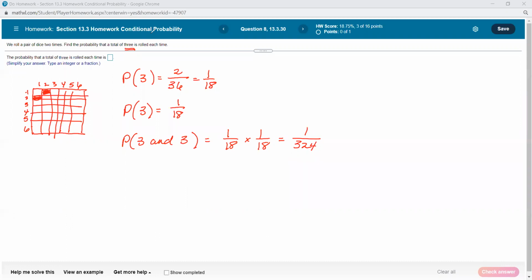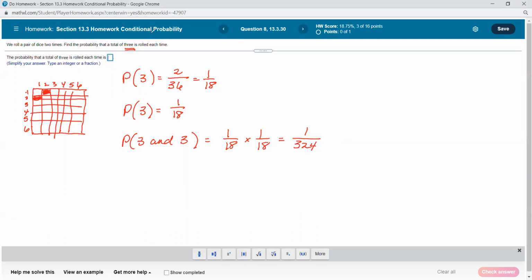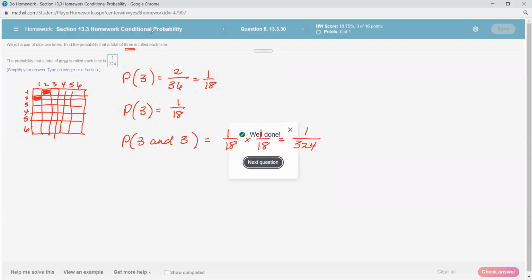Let's see how that goes over. Well done. This is only a conditional probability given that the first time we had to roll a 3.